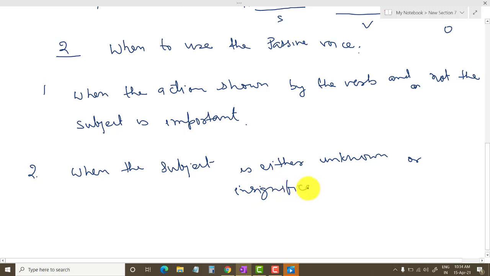It means you don't know what your subject is, and then we use the passive voice. We will move forward to the rules.